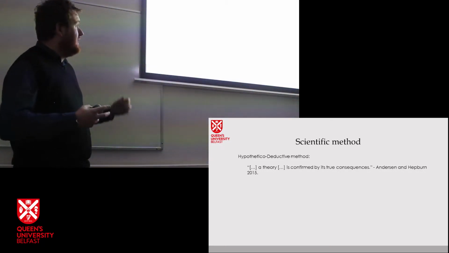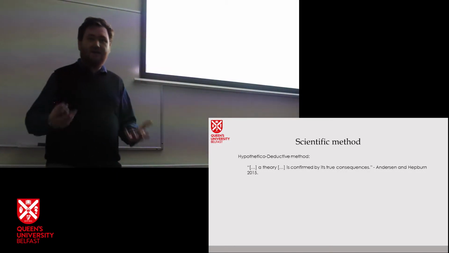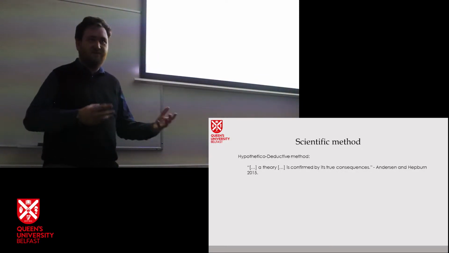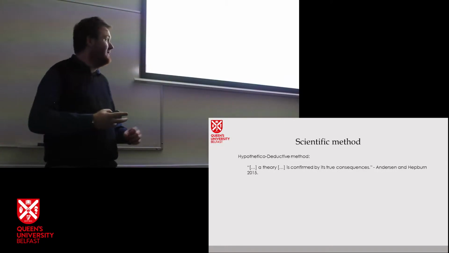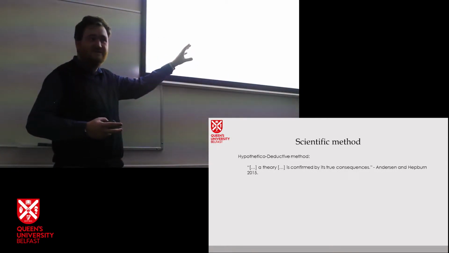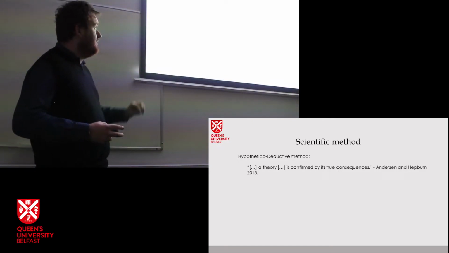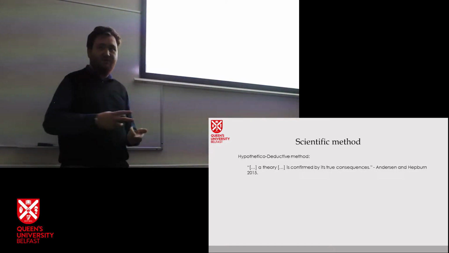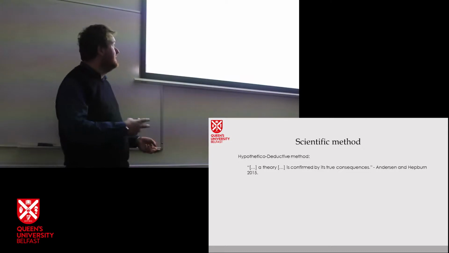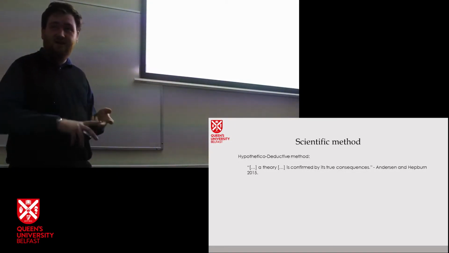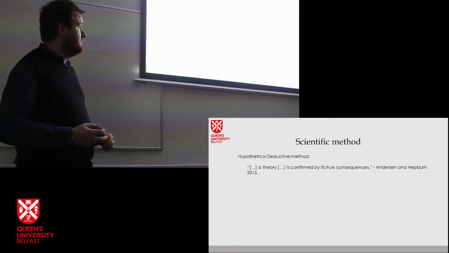And a theory is always going to be inaccurate, because if you have to verify it with the true consequences, that means that there has to be some leeway of being true or false. Otherwise, you wouldn't need to confirm it by the true consequences. The theory would be valid in itself. So we're following the scientific method, essentially, both with archaeology and the 3D reconstructions. And this allows for the subjectivity and the inaccuracies in it, which is quite important.